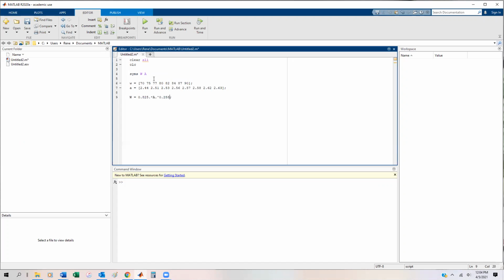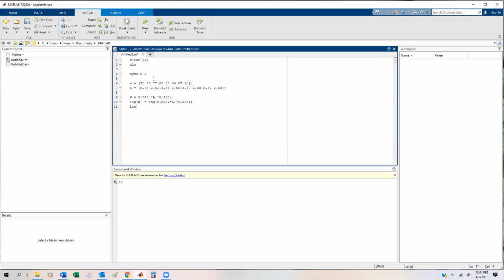I'm just going to do the algebra as I'm working through this in Matlab. So what we could do is just take a natural log. I'm going to say log of W is going to be equal to log of this statement right here. I'm doing the exact same algebra that we did on the worksheet a few moments ago.